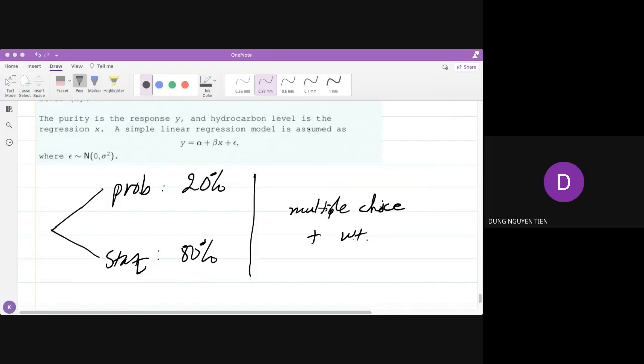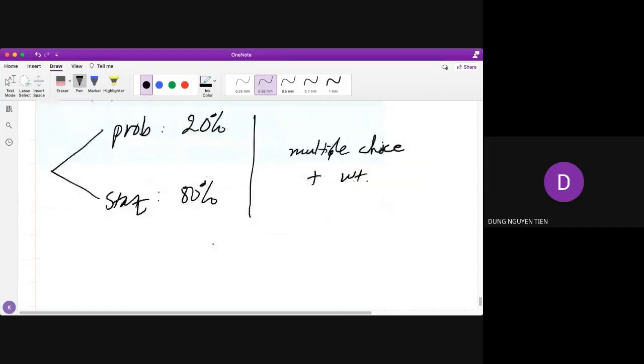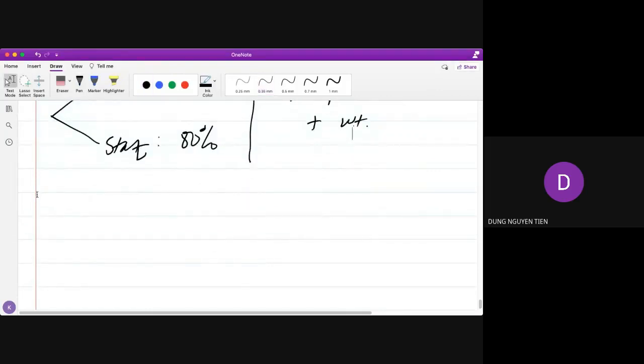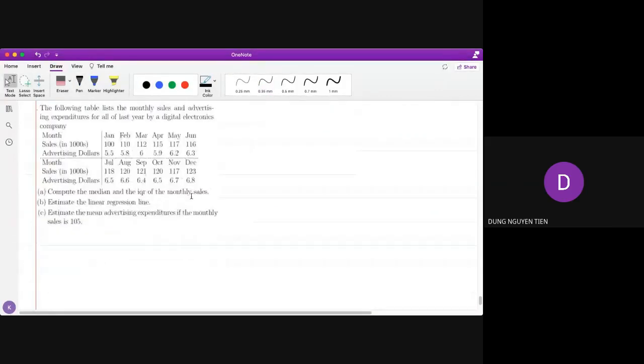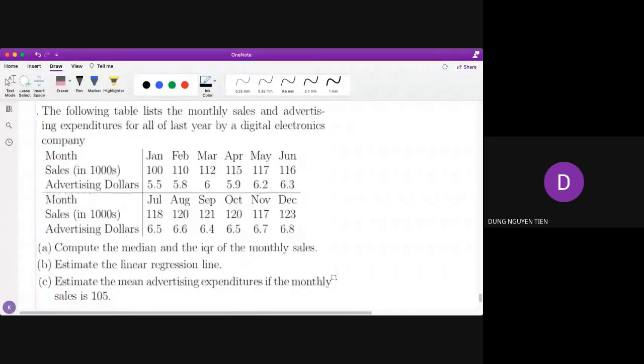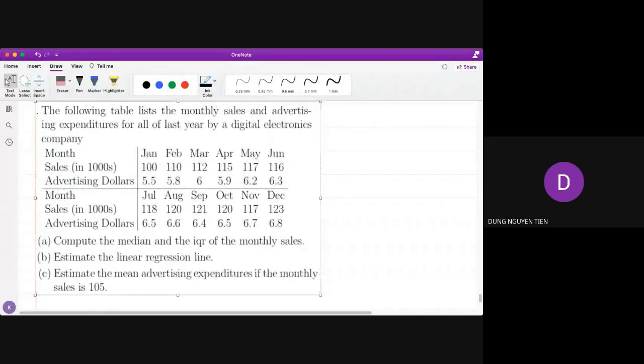If you don't have any questions, then I'm going to give you the following example. Please tell me your answer. Can you have a look at the question and tell me what you have to do?